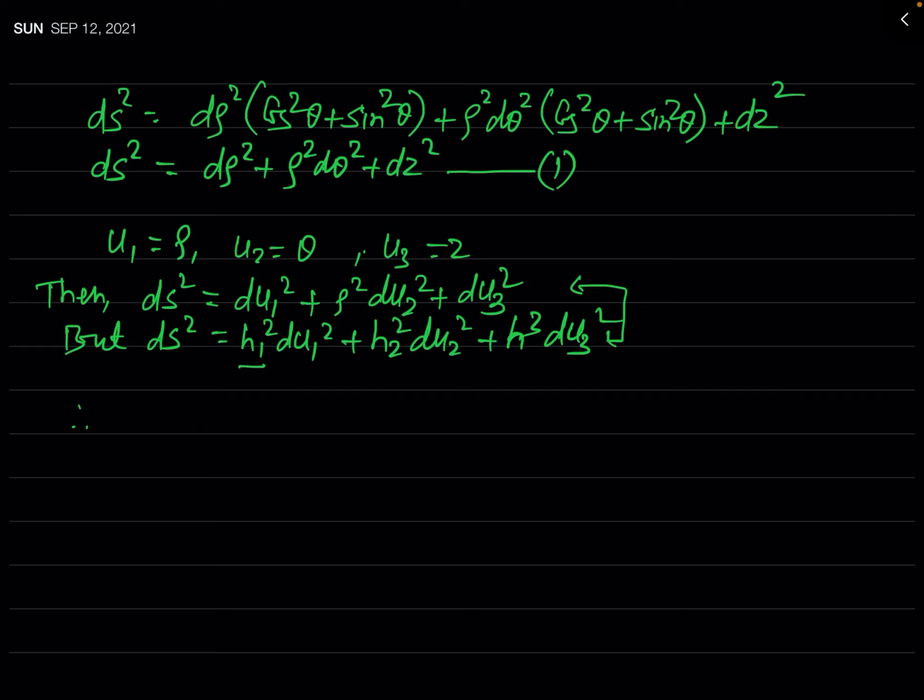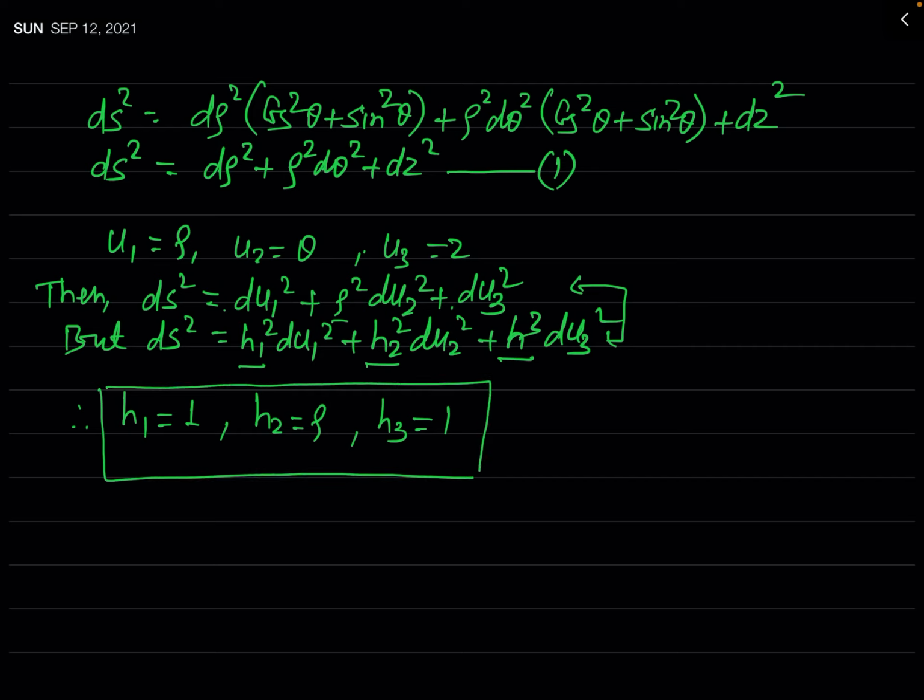At the place of h1 square here is 1, so h1 is equal to 1, and at the place of h2 square there is rho square, so h2 will be equal to rho, and at the place of h3 square there is again 1, so h3 is equal to 1. So these are the scale factors in the cylindrical coordinate system.